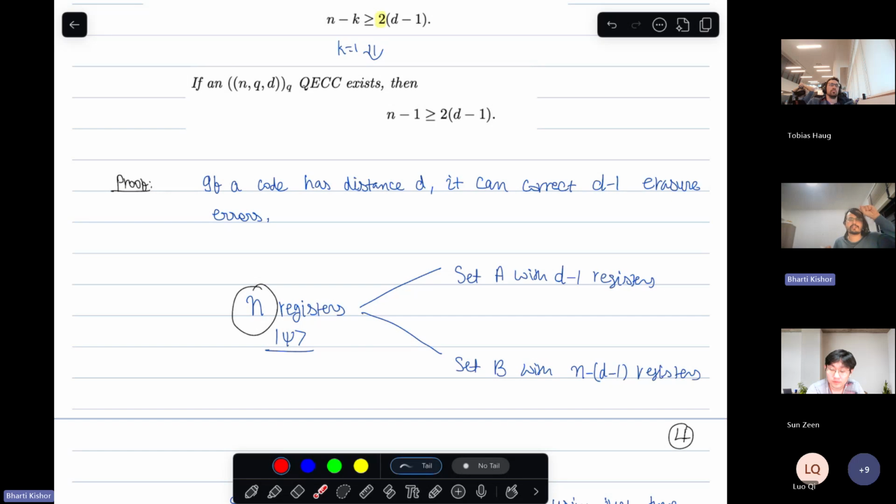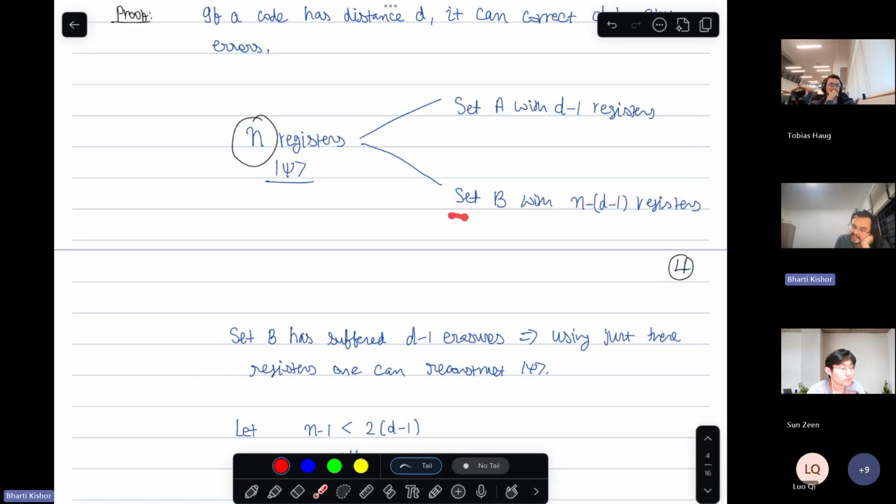So 2 parts, one has d-1 and the other has n minus (d-1). Now note that set B has n minus (d-1) registers, which means B has suffered d-1 erasures. So from B, you should be able to recover the original state psi.